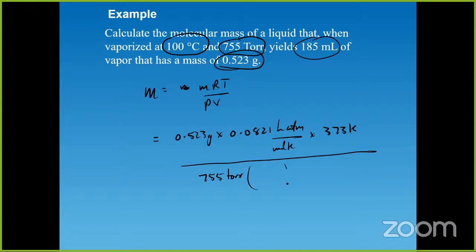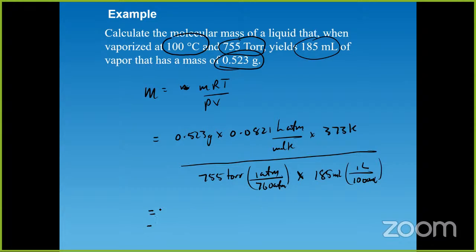We have to convert that to atmospheres, so we multiply by this conversion factor here. And finally, as far as the volume is concerned, they gave us 185 mL. We have to convert that to liters, so you're going to get 1 liter over 1,000 mL. And that's the setup, right?